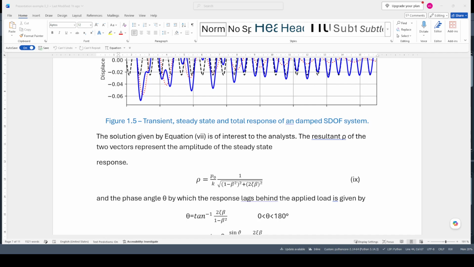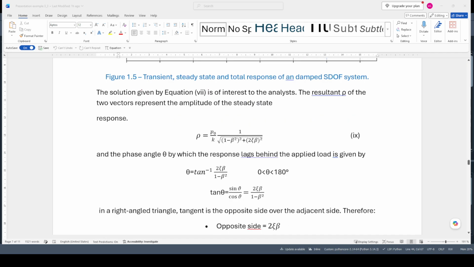All multiplied by 1 divided by the square root of these two quantities elevated to 2. And the phase angle between these two vectors, theta, is equal to the inverse of tangent of 2 psi beta divided by 1 minus beta squared.